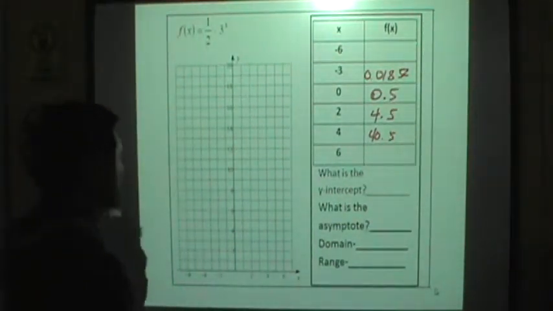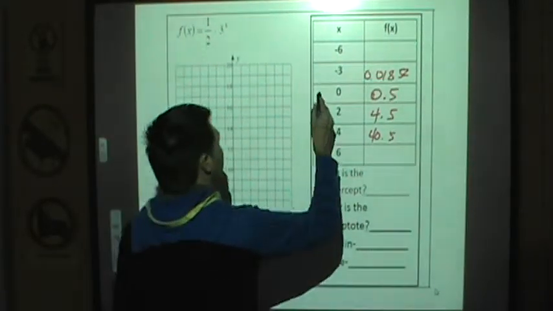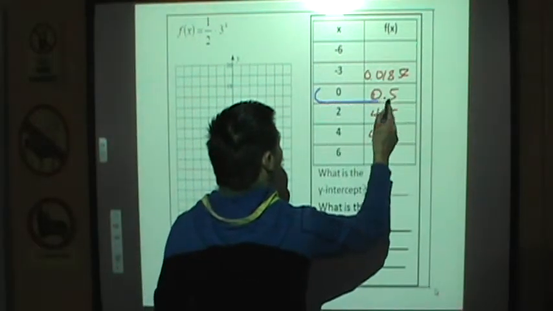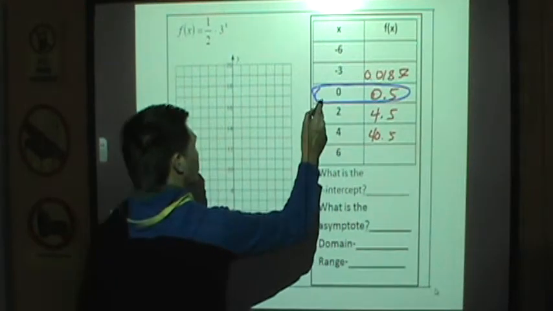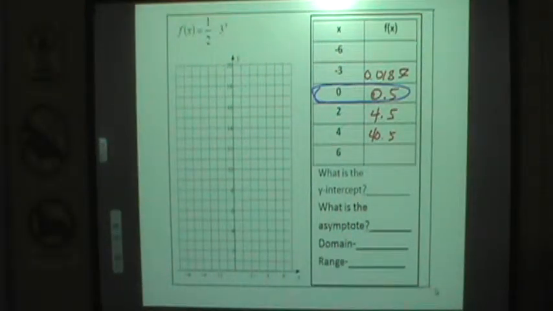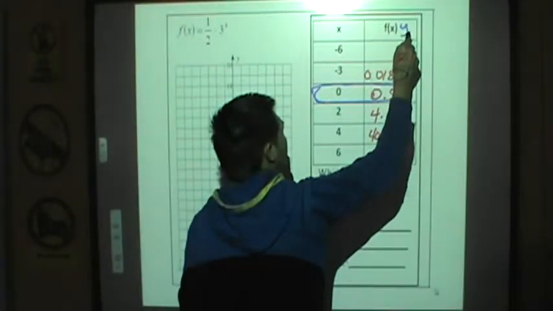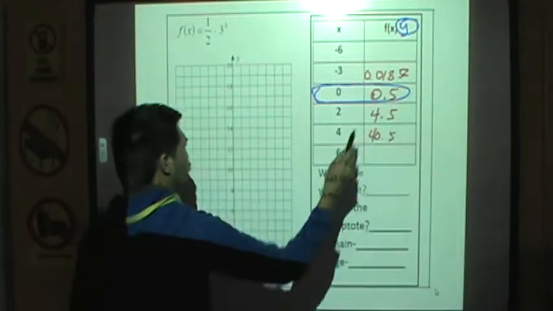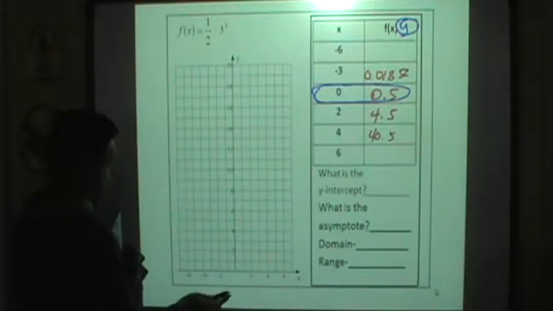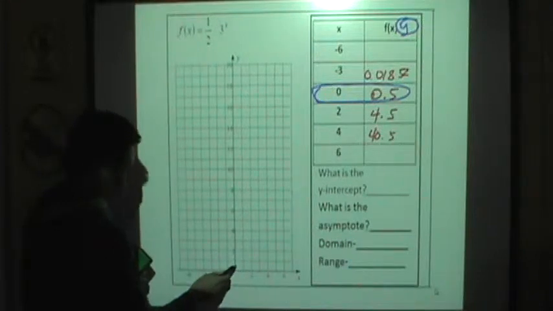Now to graph this, you have to remember that x equals 0. If x is 0, the function of x, which is actually your y, is going to be your y-intercept. So here, having x as 0, your y is 0.5.